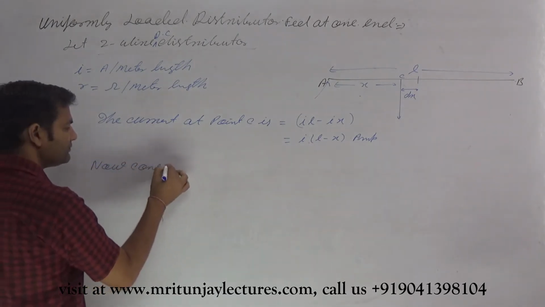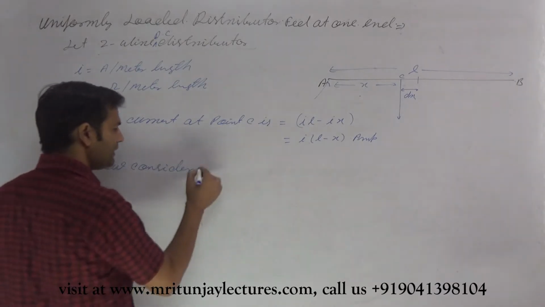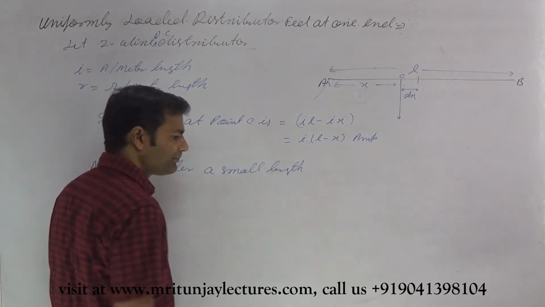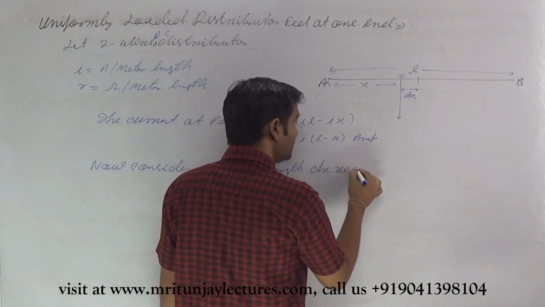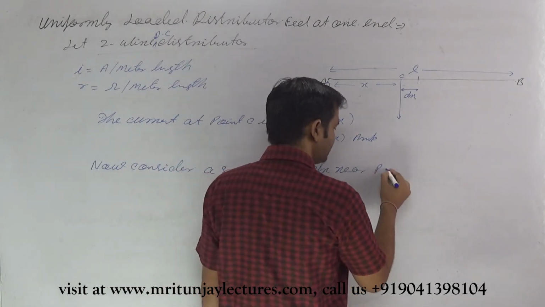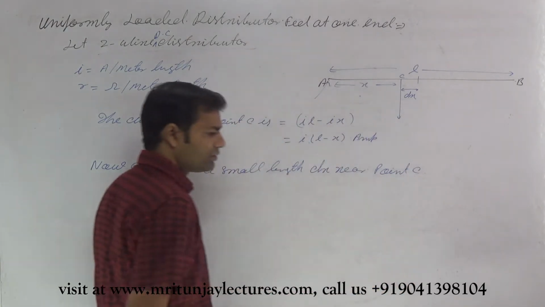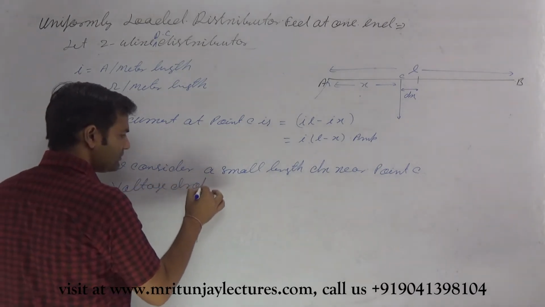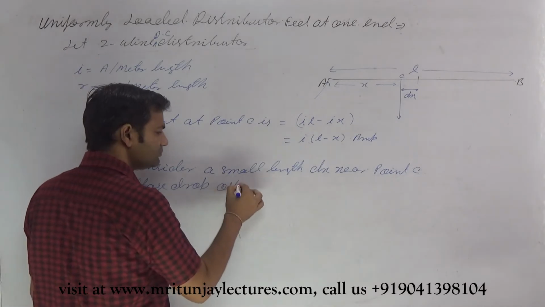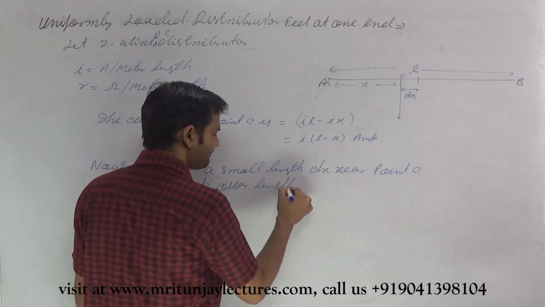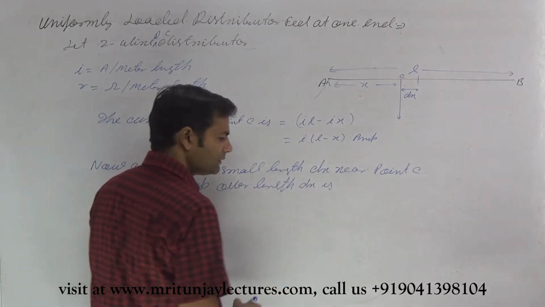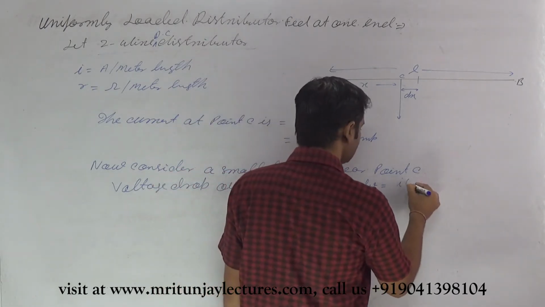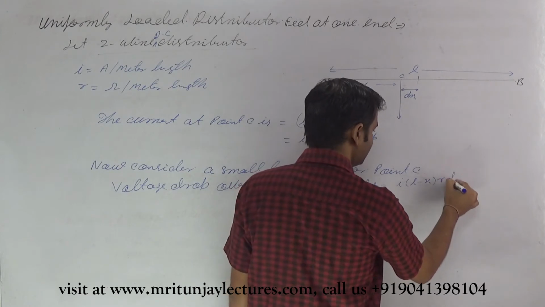Consider a small length dx near point C. So the voltage drop over length dx is dV, equal to I(L minus X) into R into dx.